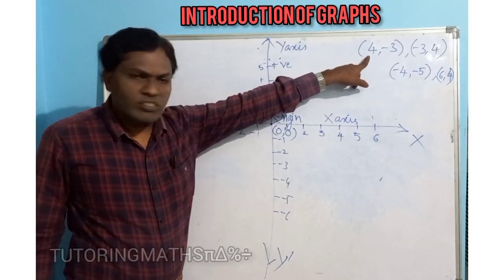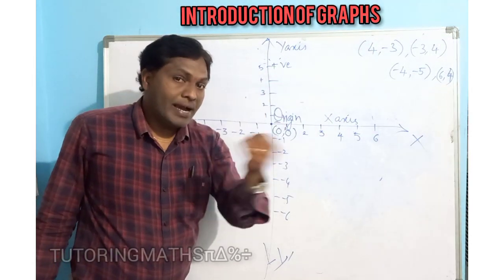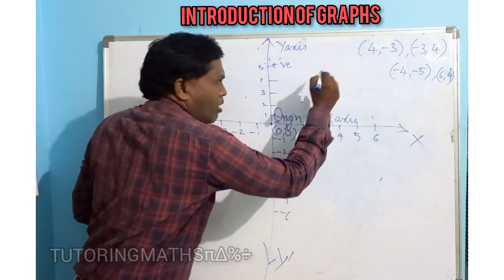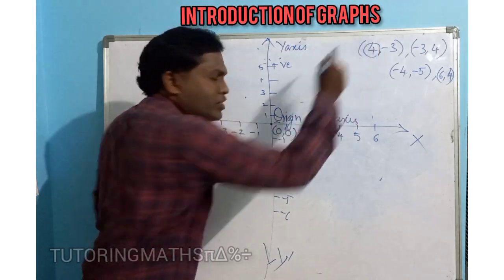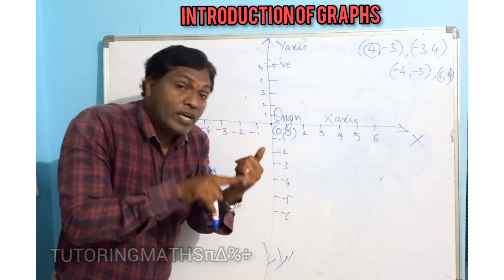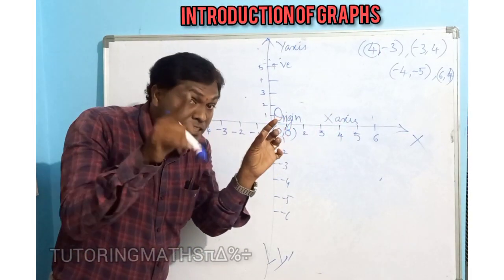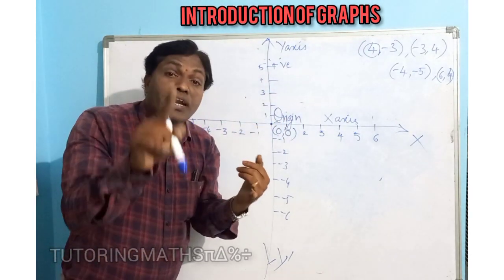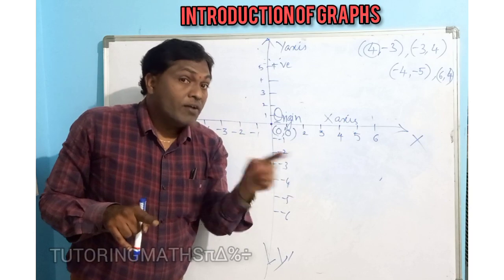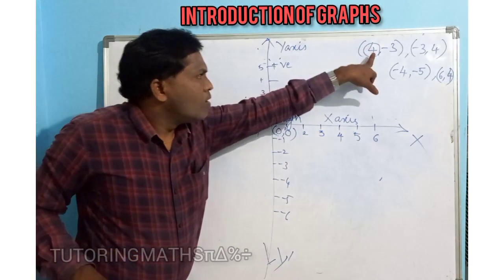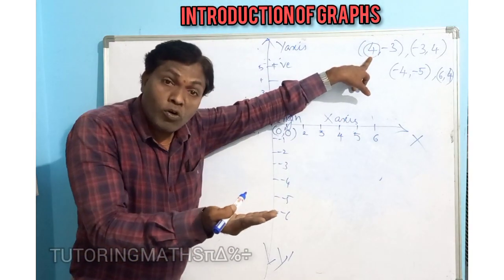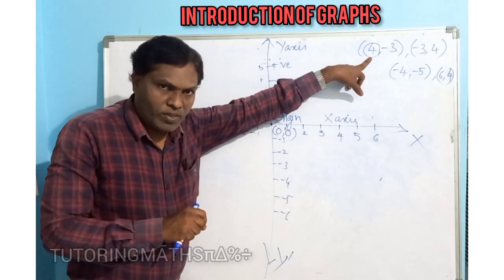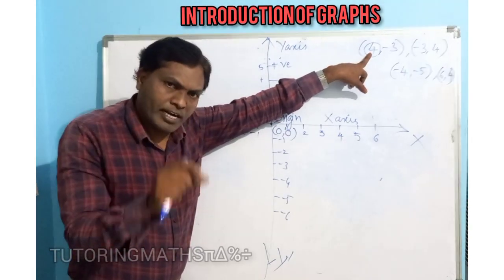So first one, 4 comma minus 3. What is the first coordinate? Immediately we have to go to the first coordinate, that is the x coordinate. Is the value positive or negative? First keep it in mind and check. 4 is plus 4, a positive value, so the x coordinate is positive.